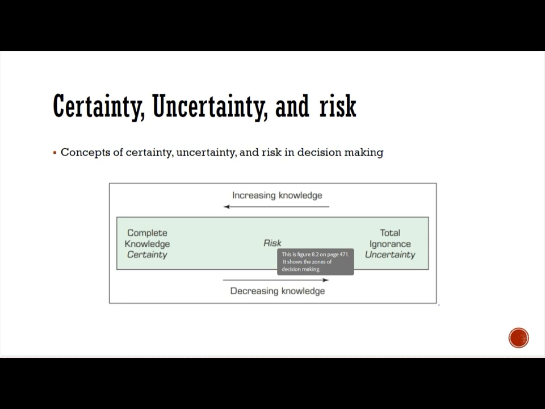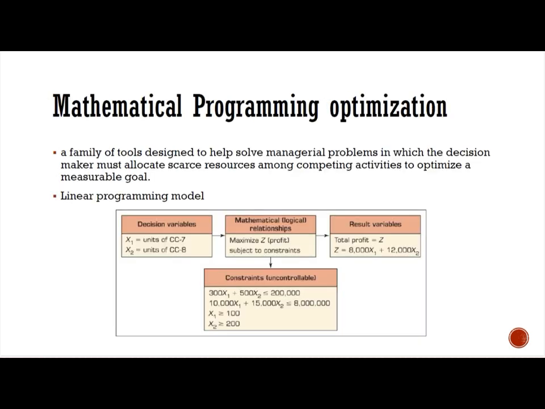Certainty, uncertainty, and risk. The decision modeling process involves evaluating and comparing alternatives. During this process, it is necessary to predict the future outcomes of each proposed alternative. Decision situations are often classified on the basis of what the decision maker knows or believes about the forecast results, what we customarily classify as knowledge: certainty, uncertainty, and risk.